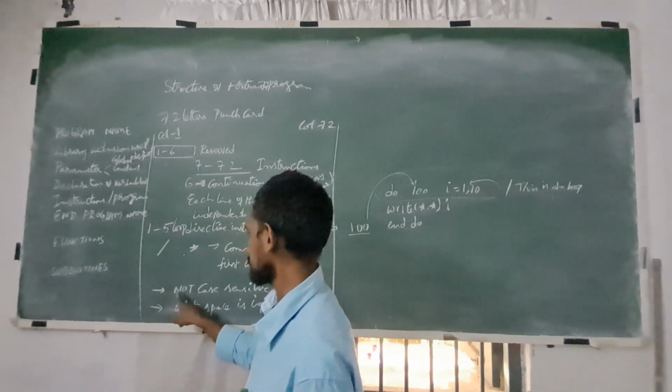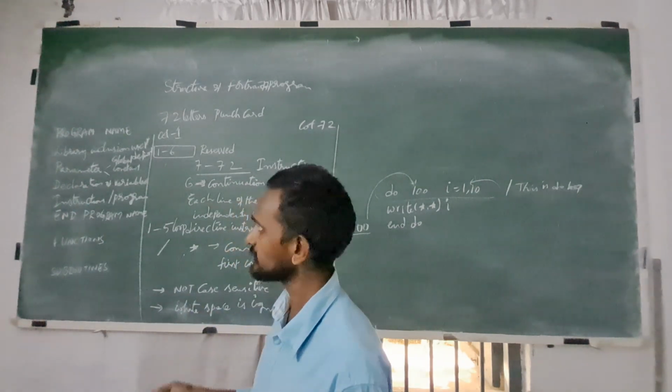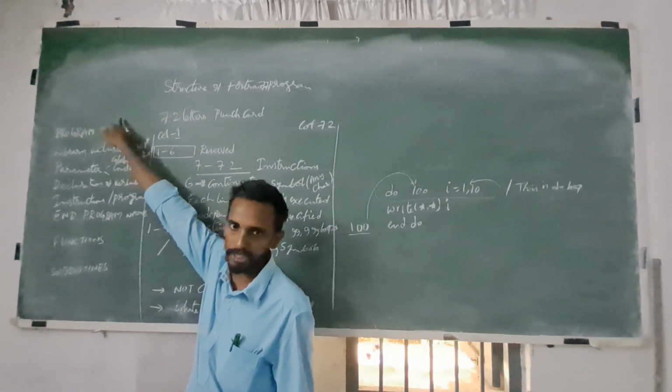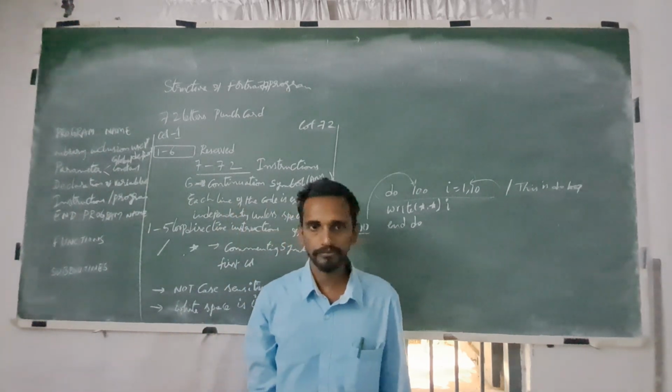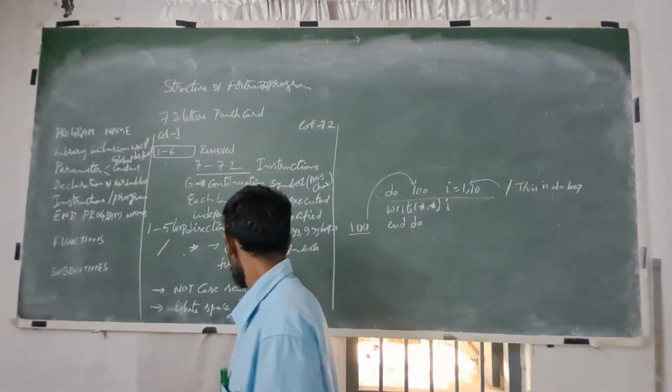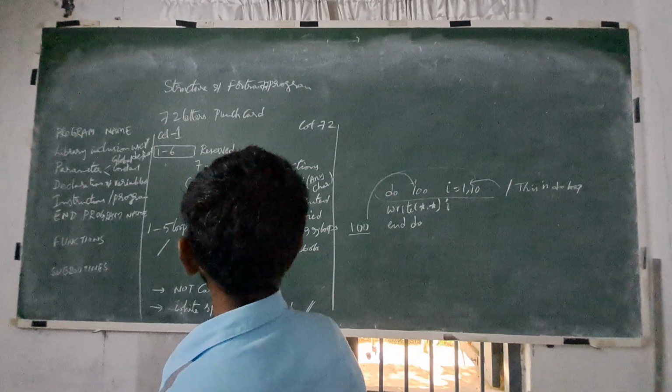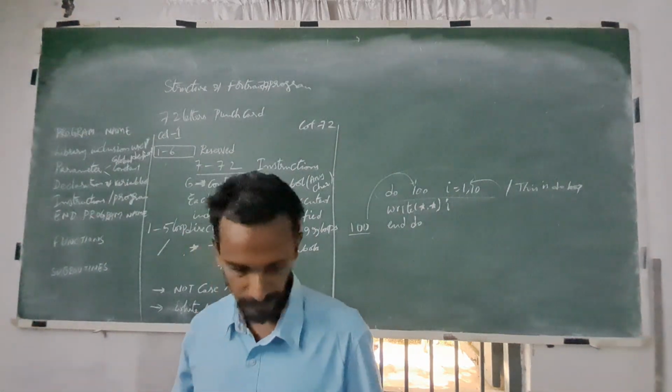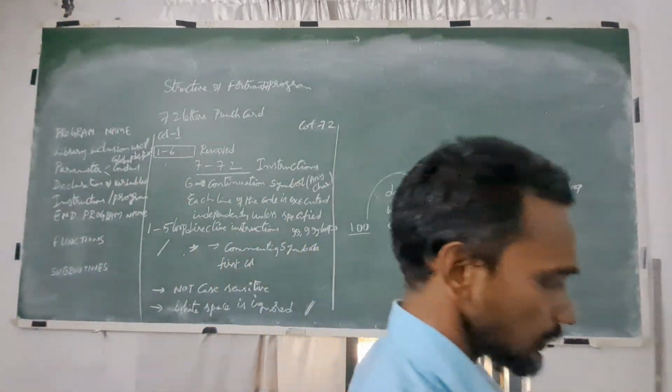It is not case sensitive, you can write it in any case, but by default we use capital letters. So that's about the structure of a FORTRAN program. We'll see a sample program.